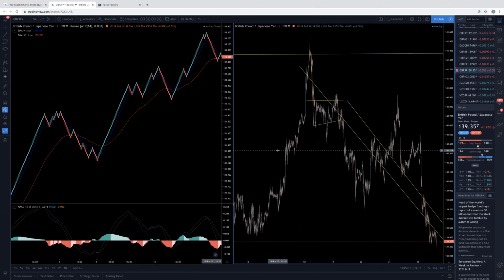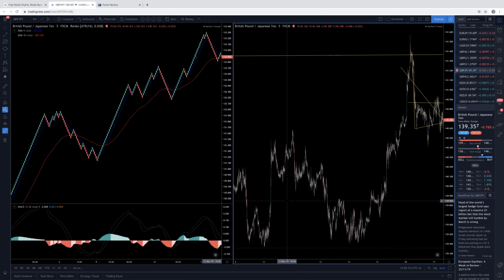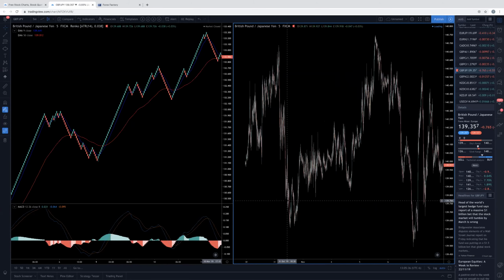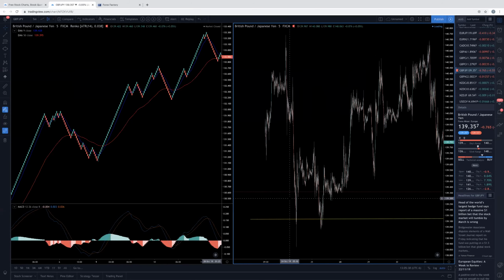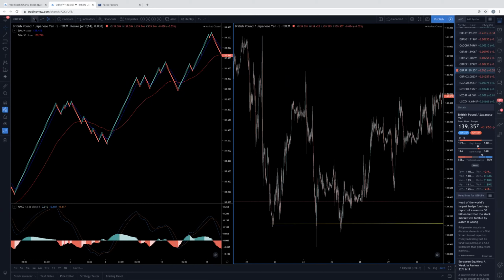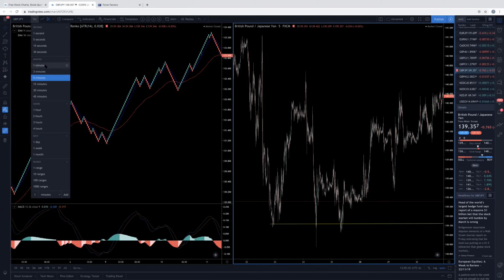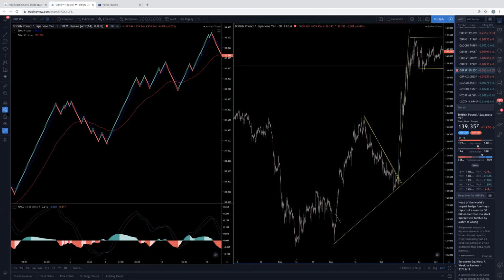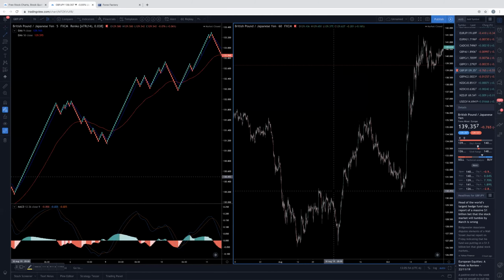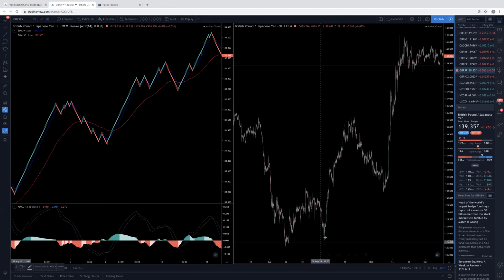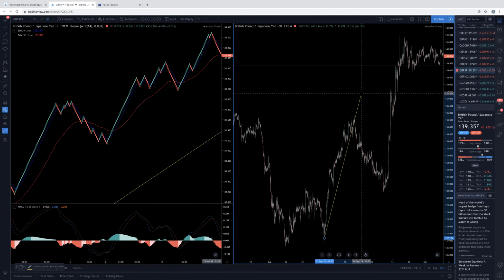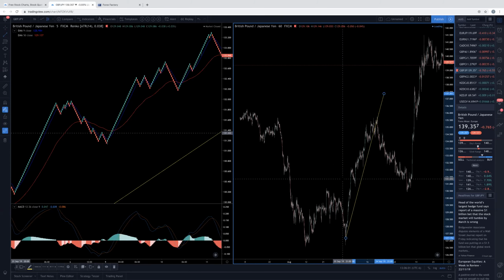Let me go to it. This is great for backtesting. Matter of fact, let me go to the 1 hour so I can find it first. One second. This was the uptrend right there, and I believe this was the flag for the 30-minute.